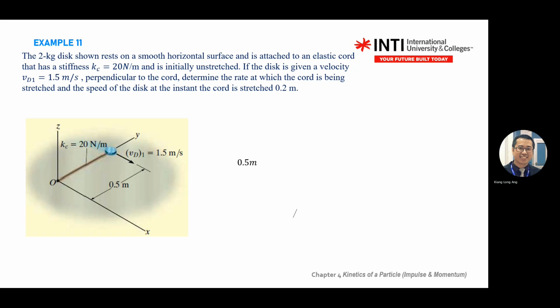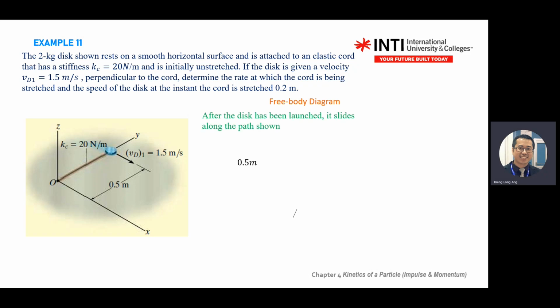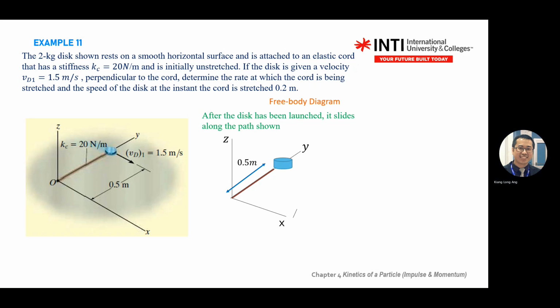So it is curvilinear motion. Okay, so you start with your free body diagram. You draw it in 3 dimensions and put in the diagram. Before stretch, the length is 0.5, given in the question, and given in the diagram.